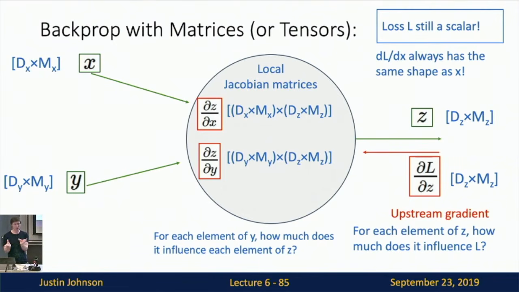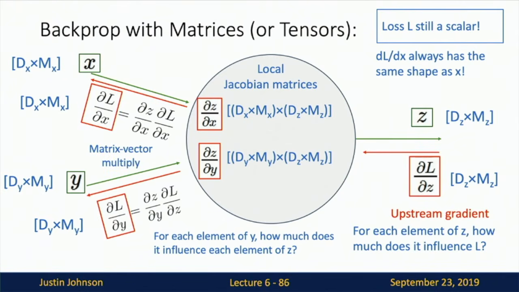I often think about grouping the dimensions of the Jacobian matrix, where we have one group of dimensions corresponding to the shape of the input, and one group corresponding to the shape of the output. In that way, this Jacobian matrix is a very high rank tensor whose size is the product of the sizes of the input and the output.